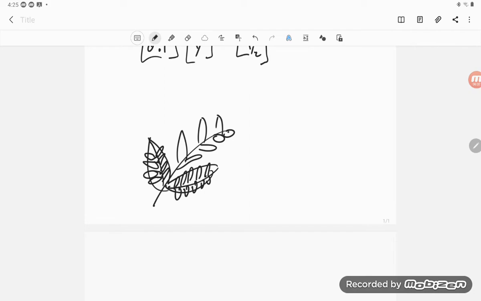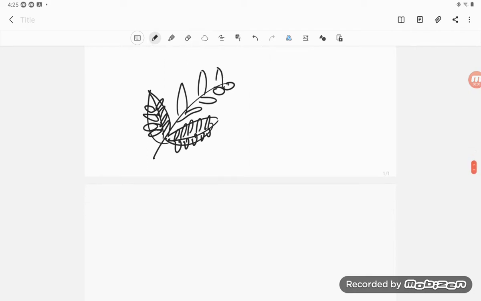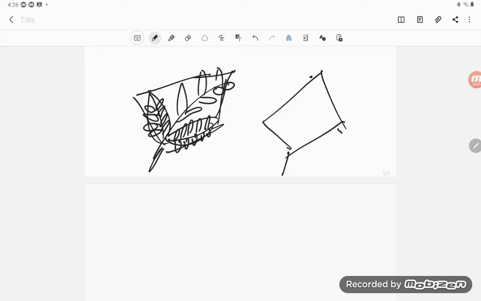As you look at a fern, if I simplify it a bit and say that the basic fern is kind of a polygon that does this, there's the polygon.